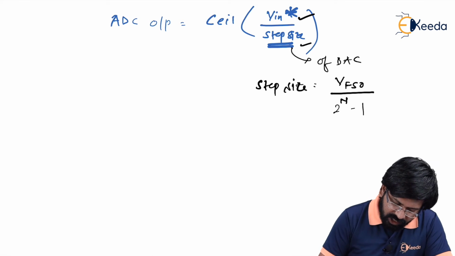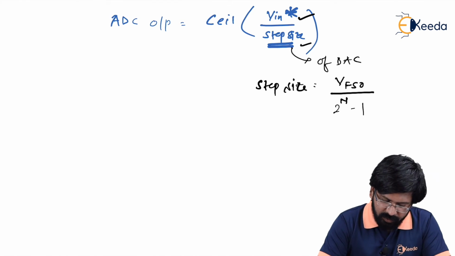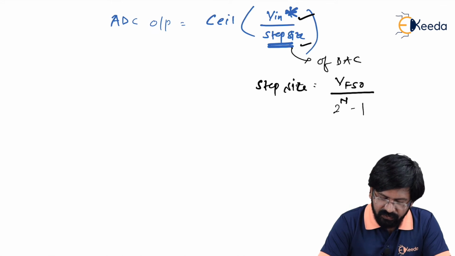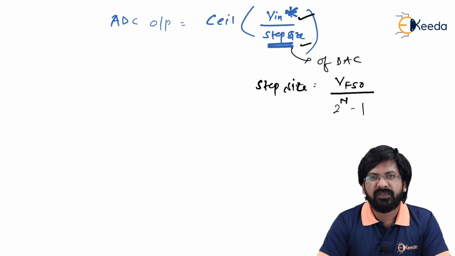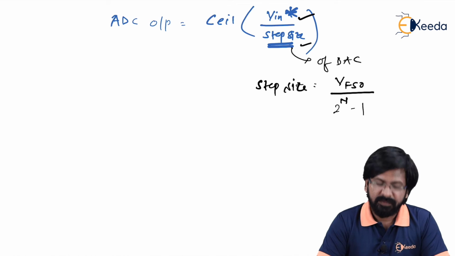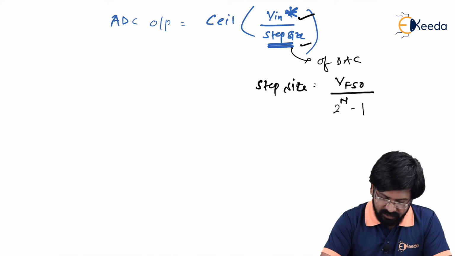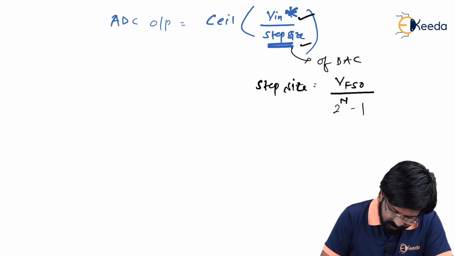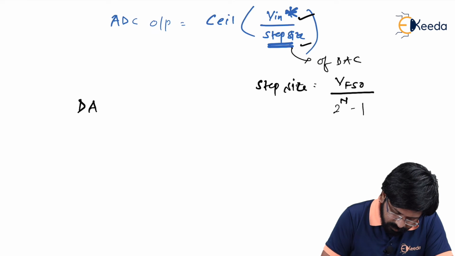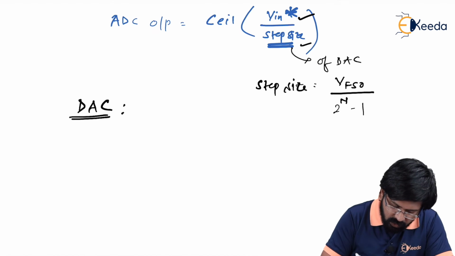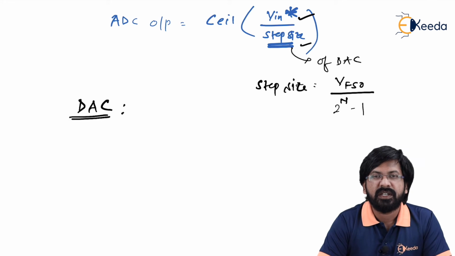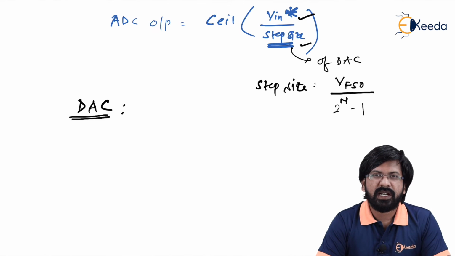Students generally ask me, sir, how to remember this formula, I mean, ADC output equals the ceil function of Vin upon step size, because it is quite difficult to remember so many things. So I'll give you a trick to remember this. If you are comfortable with the DAC, at least try to remember the formula of the DAC, which relates output with input.